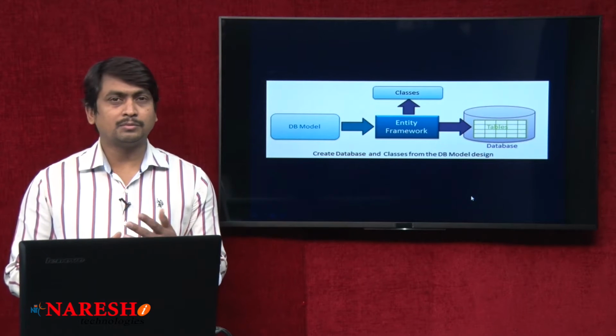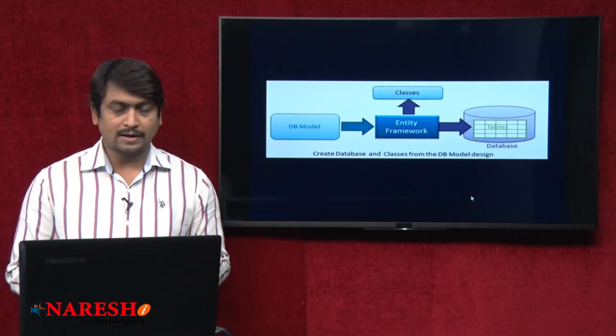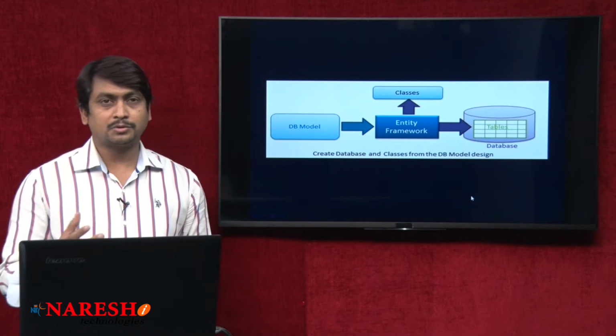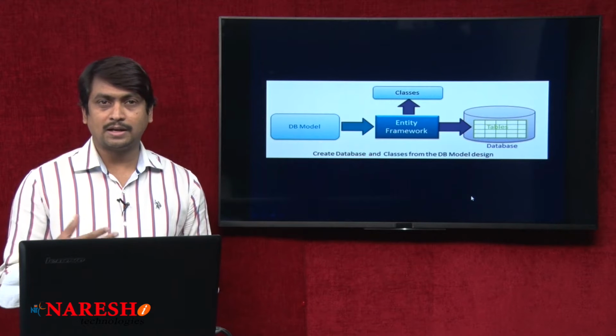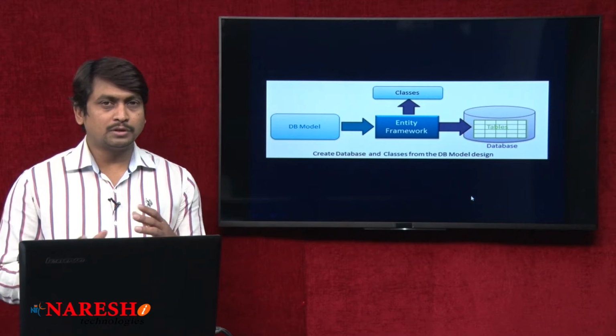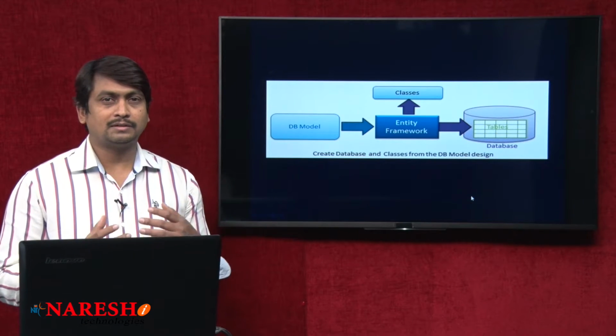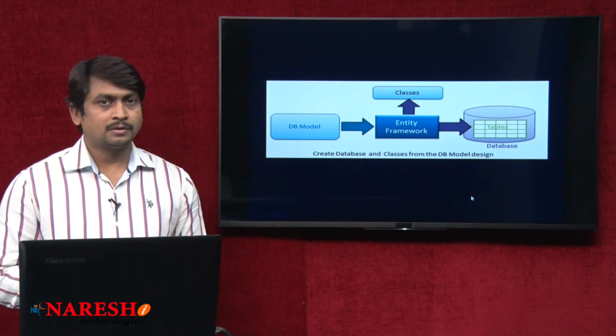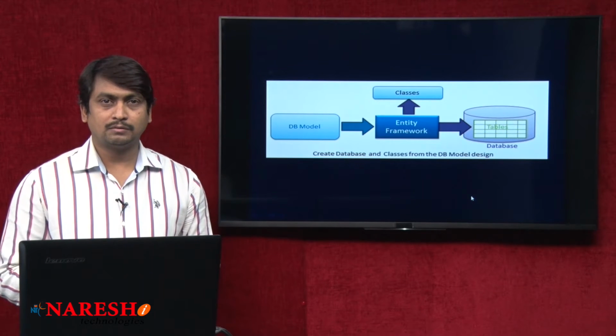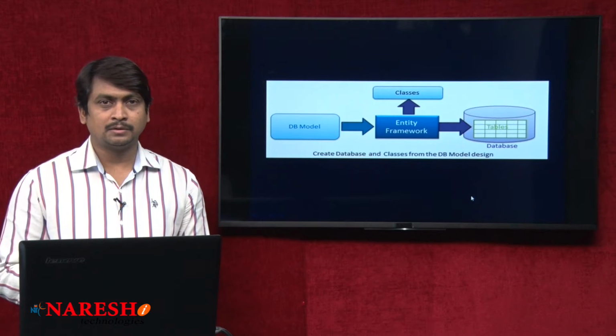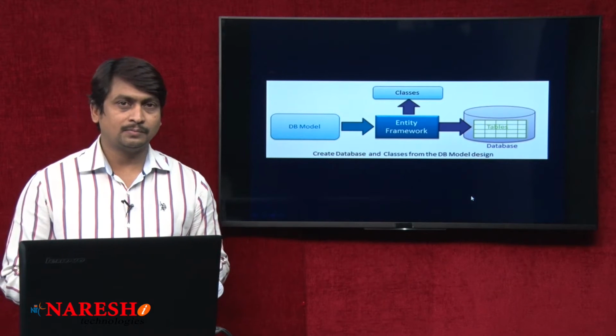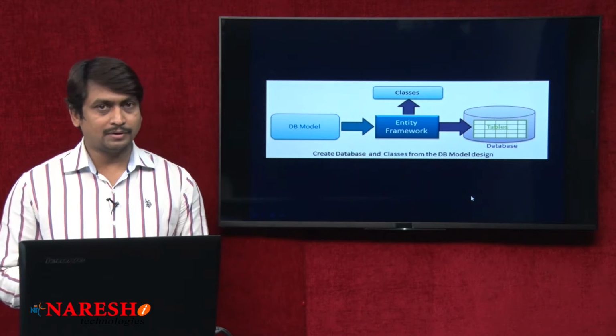In general database models, we have four different types of models: conceptual, physical, logical and entity. According to the entity model, we will design the visual designer, then Entity Framework will use that visual designer to generate the classes as well as the database.